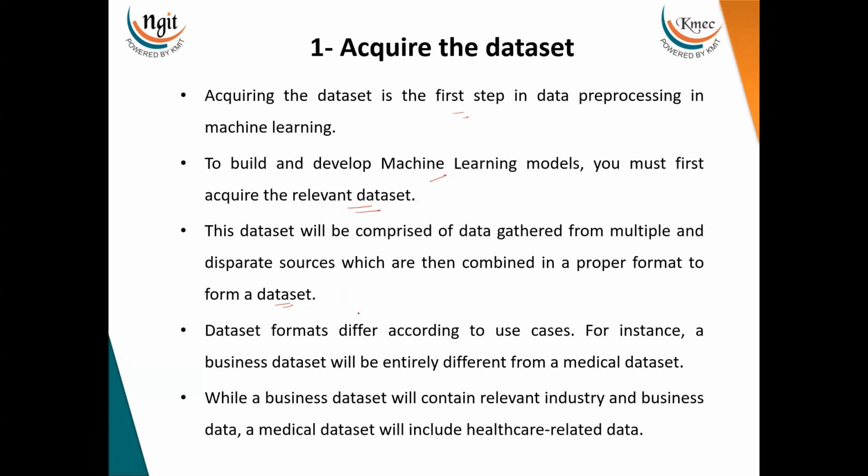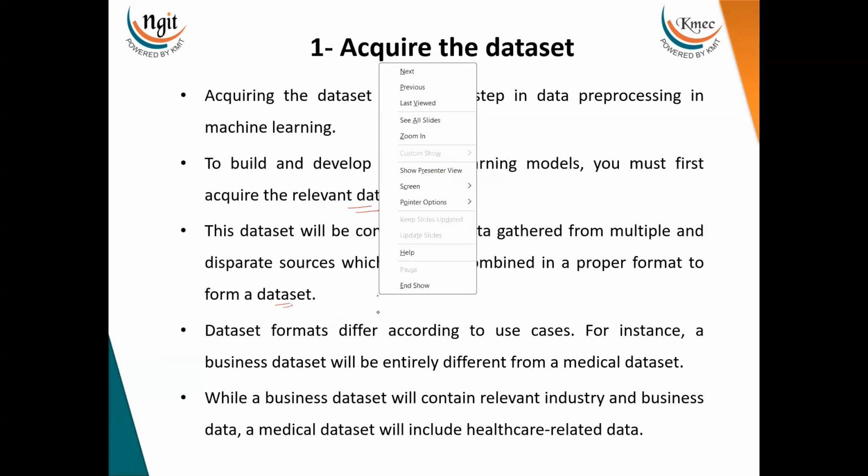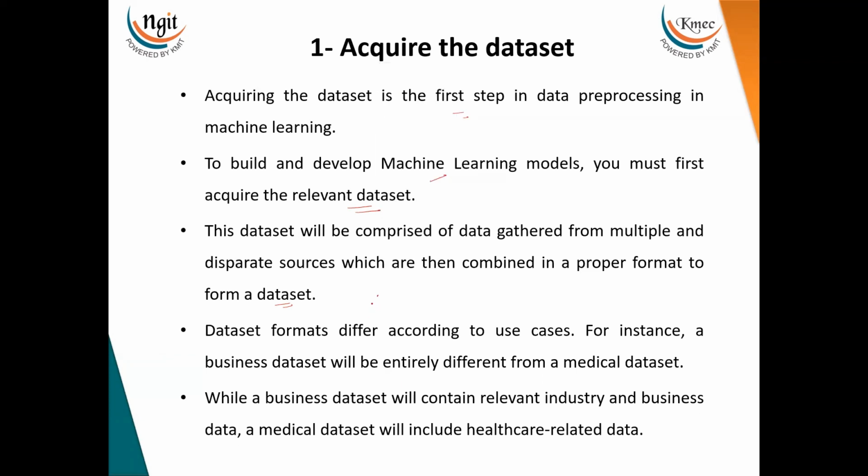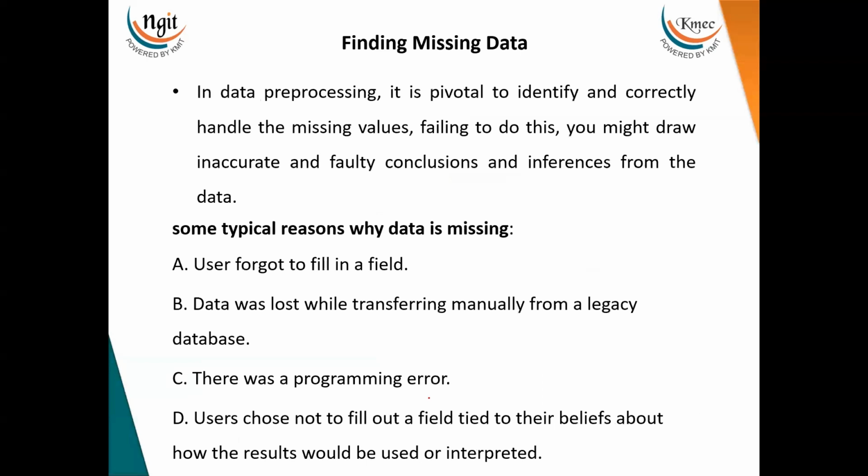This data set differs from one use case to another. Suppose you are developing an ML model for a business data set, it will be entirely different from a medical data set, where the business data set will contain relevant industry data, whereas the medical data set will include healthcare related data.